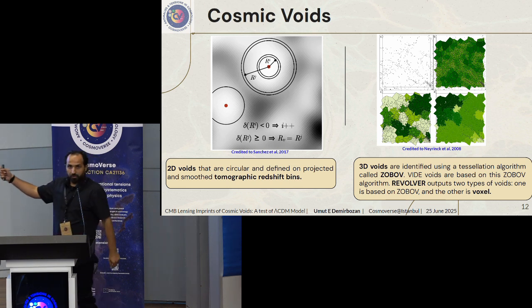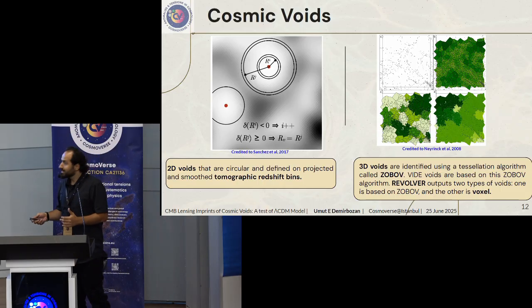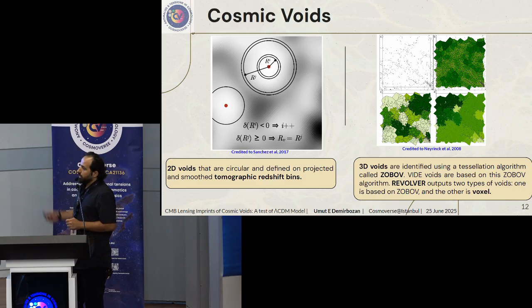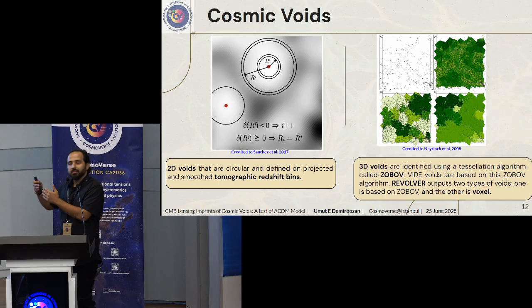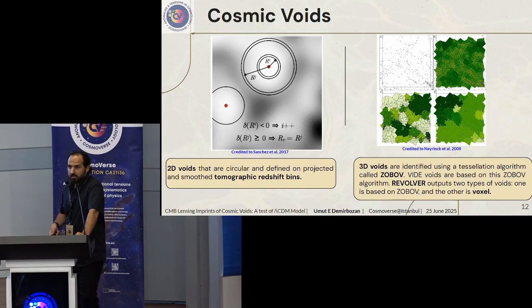This is one way of defining voids, and in this way you have 2D voids. The numbers are much less than their 3D counterparts, which I will introduce in a minute. But you are sensitive to structures along the line of sight because you project. This has been used in many DES studies in addition to other surveys.